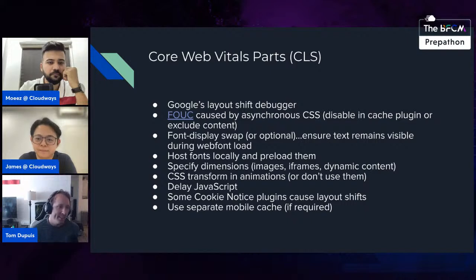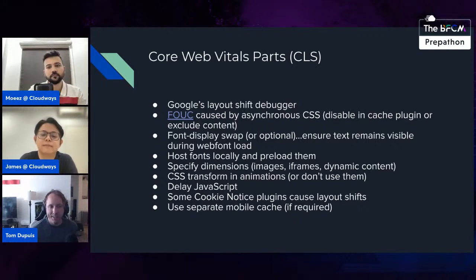Specifying dimensions is usually something you just see in a cache plugin. It's usually like add missing image dimensions. But you can also reserve space for dynamic content. So if something is dynamic and loads, it usually creates a layout shift.